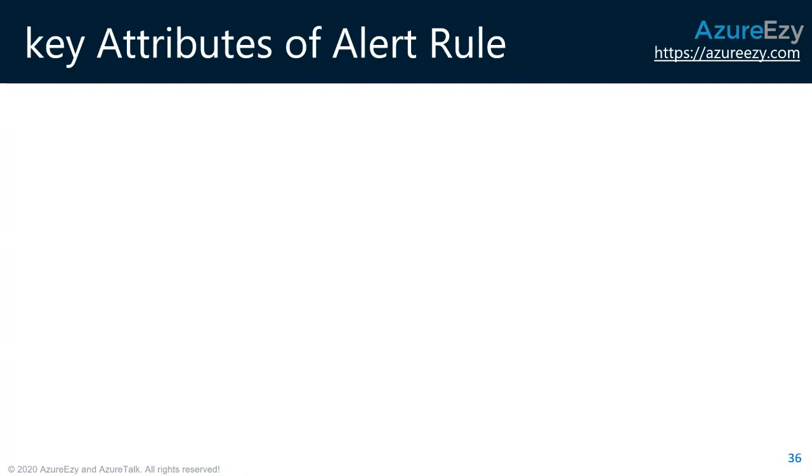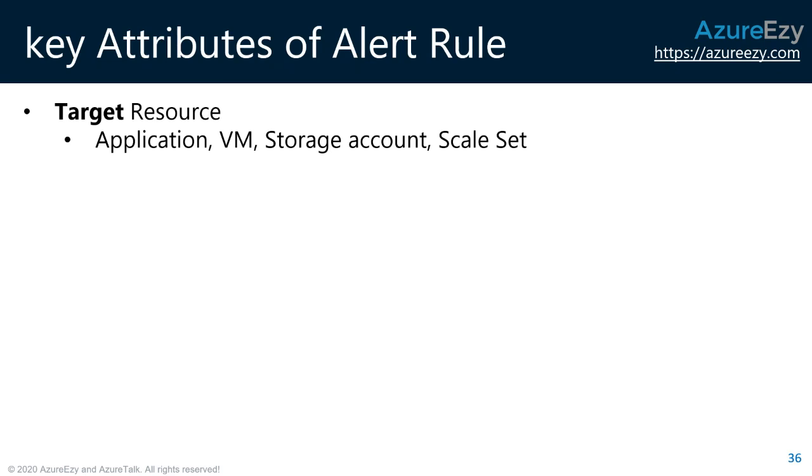Now, when we say alert, how does your alert work? To make your alert work, you need to create an alert rule. To create an alert rule, there are some key attributes you need to specify at the time of alert rule creation. You need to specify the target.